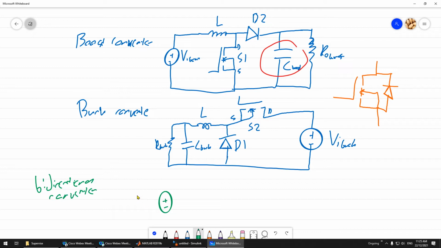I use this as V in boost. Okay, V in boost. Okay, and then you have to put the C buck. Okay, you need to put the C buck.